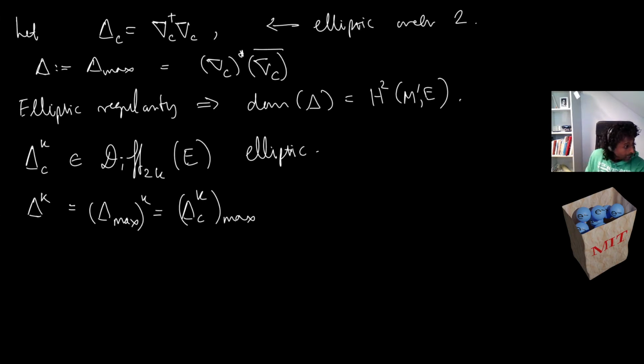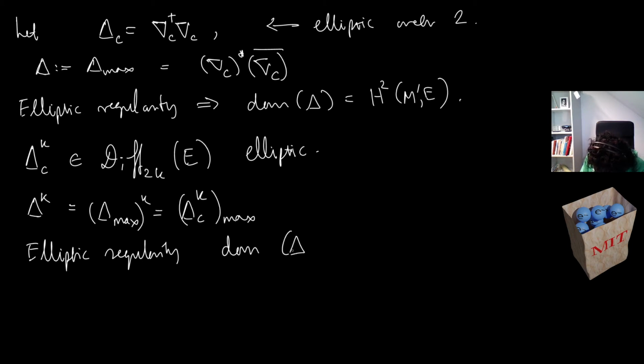This is easy to verify. And so from elliptic regularity, this gives us that the domain of the kth power of these operators is H^2k of M prime over E.